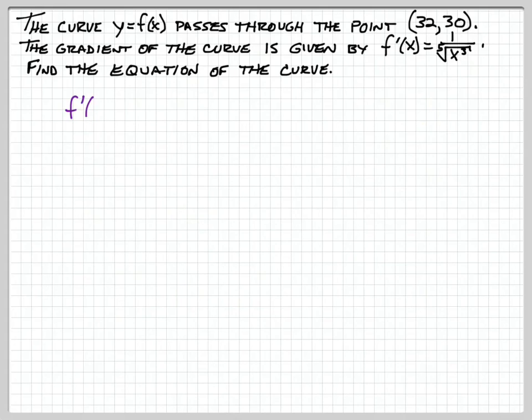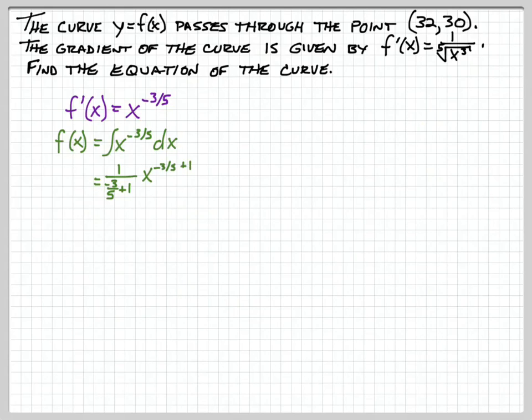So if we're looking at f prime of x, rewriting it, that's going to be x to the negative 3/5 power. And we want to get to f of x. So we're going to take the indefinite integral of x to the negative 3/5 dx. Using our power rule, that's going to be 1 over negative 3/5 plus 1 times x to the negative 3/5 plus 1, and then of course plus c.